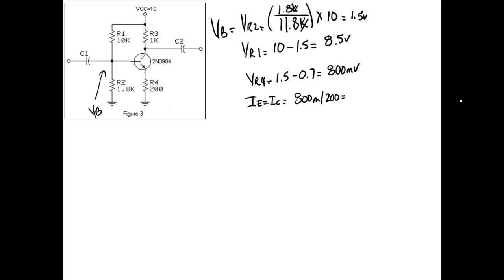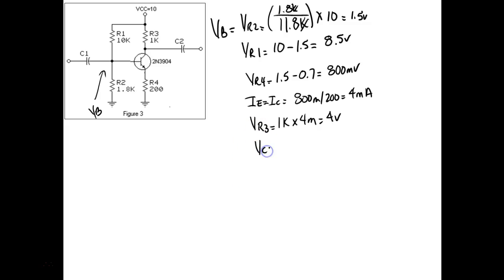What does it give me? 4 milliamps. Are we okay? And then VR3 would be equal to 1K times 4 milliamps, which would be equal to 4 volts, right?